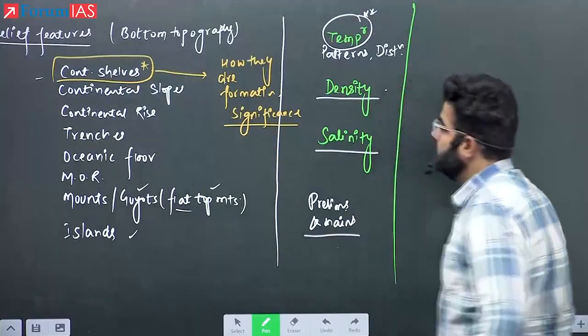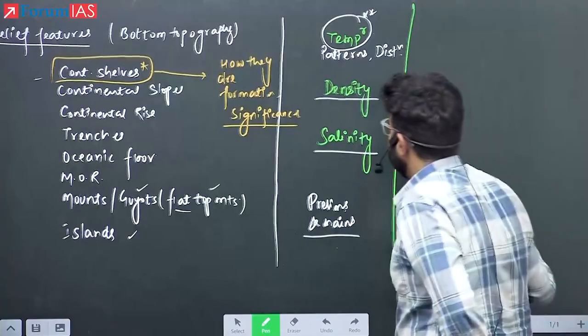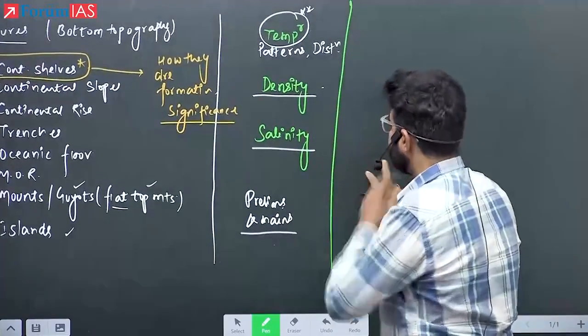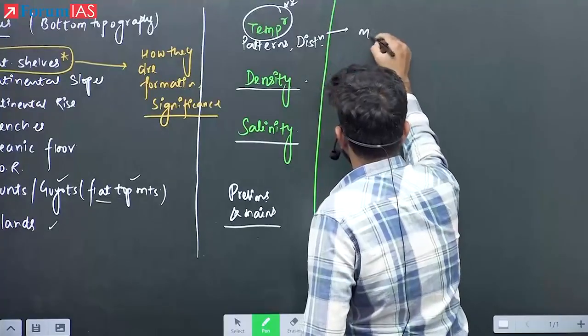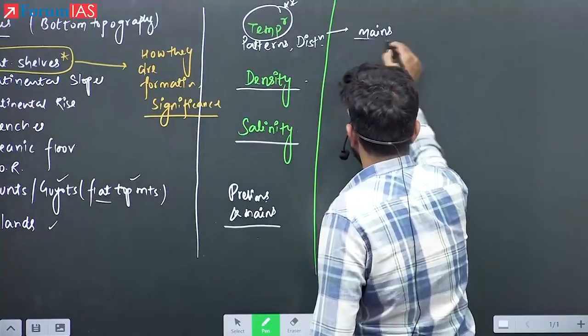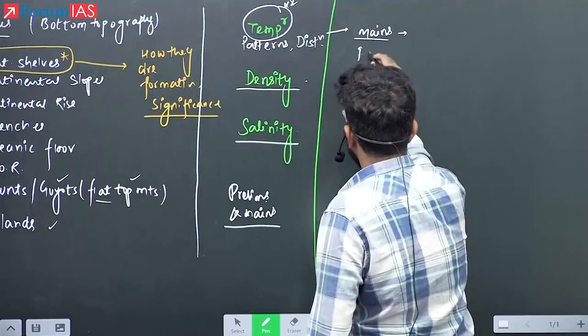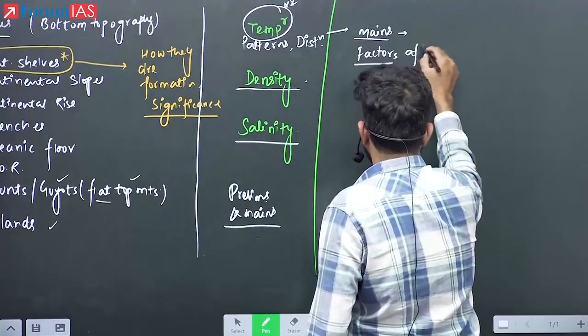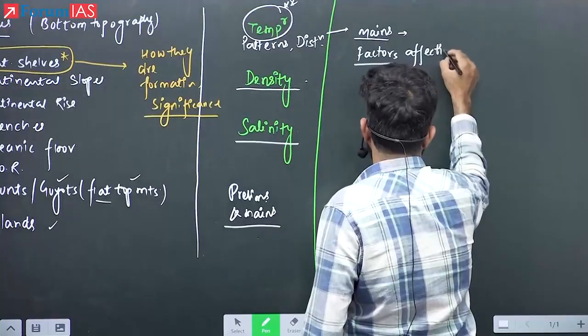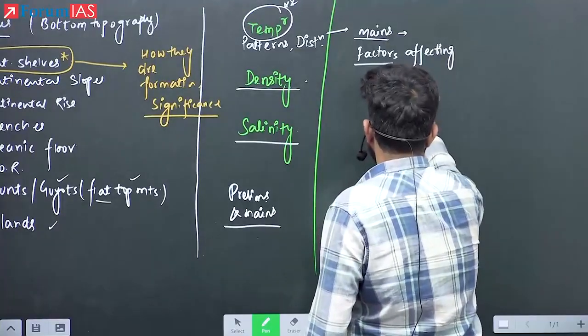Right? Especially for the mains, you can expect the question, for example, if I go by the mains, they can ask you, what are the factors which influence or affect the temperature of the oceans?